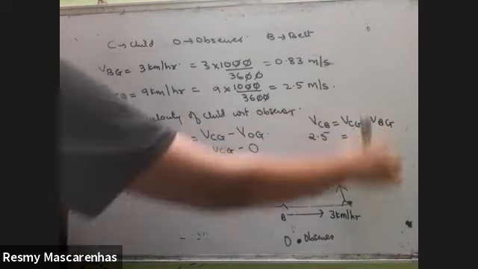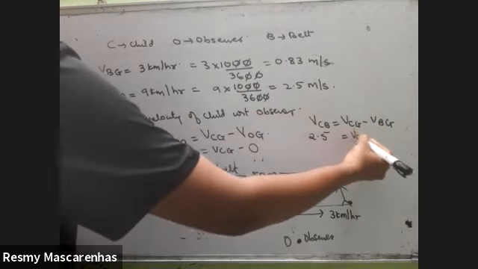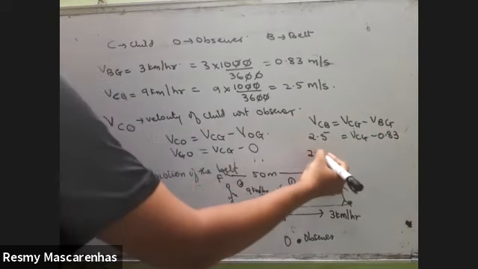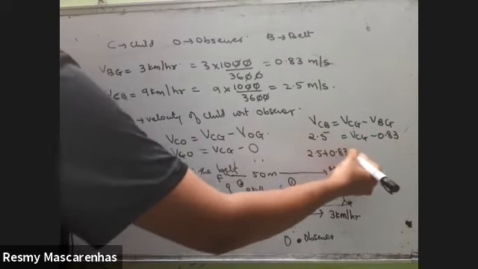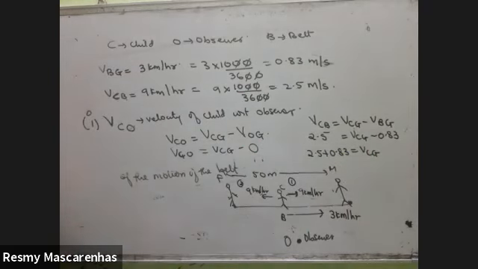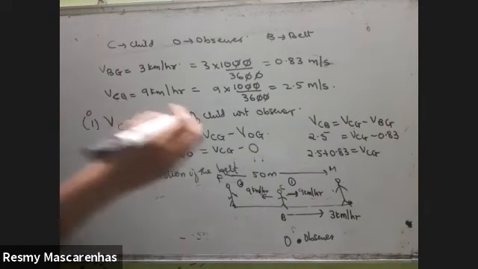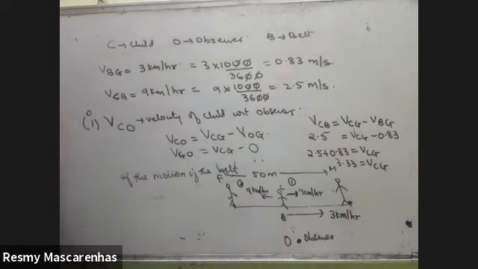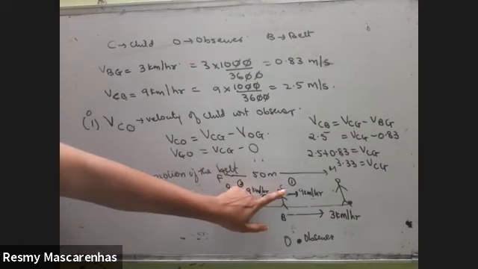And of the belt with respect to ground is 0.83. So 2.5 plus 0.83, that will be 3.33.